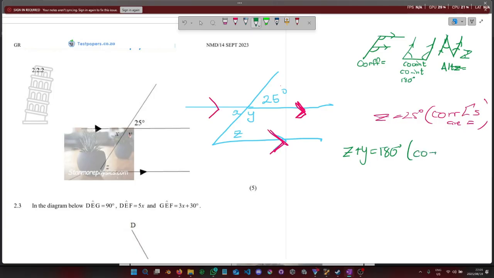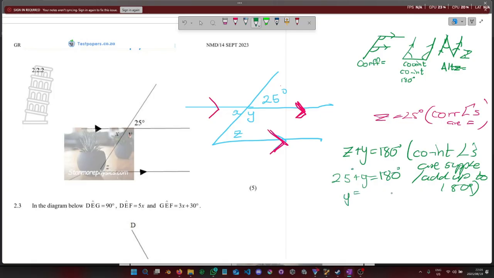Co-interior angles are supplementary, or I don't know if you guys use supplementary, but they add up to 180 degrees, right? So then we know what Z is. It's 25 plus Y equals 180 degrees. So Y equals 180 minus 25, which is equal to 155 degrees.